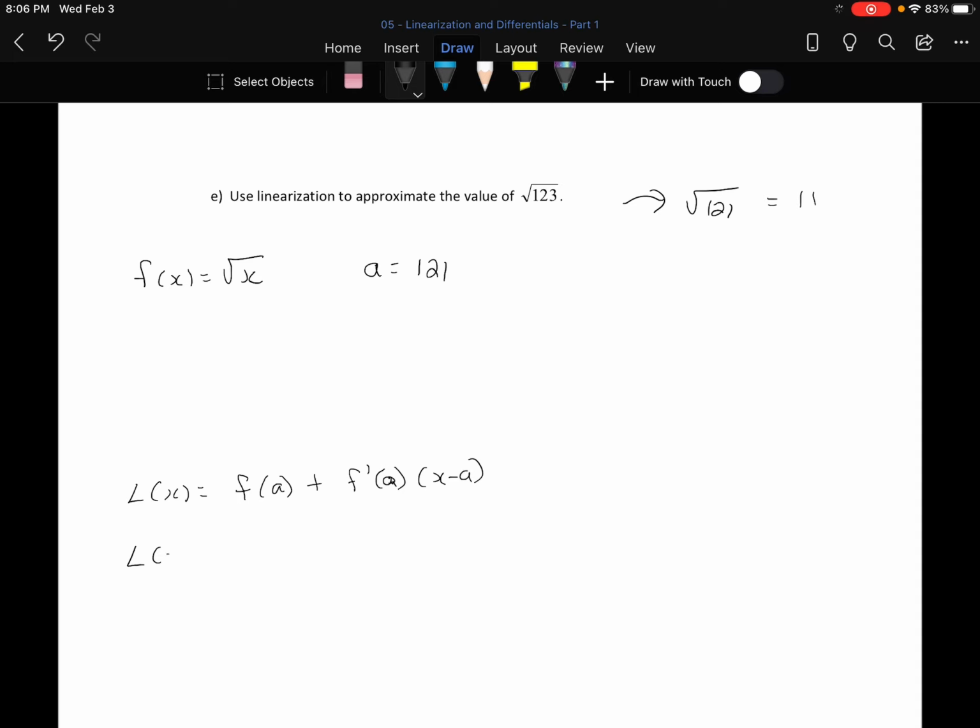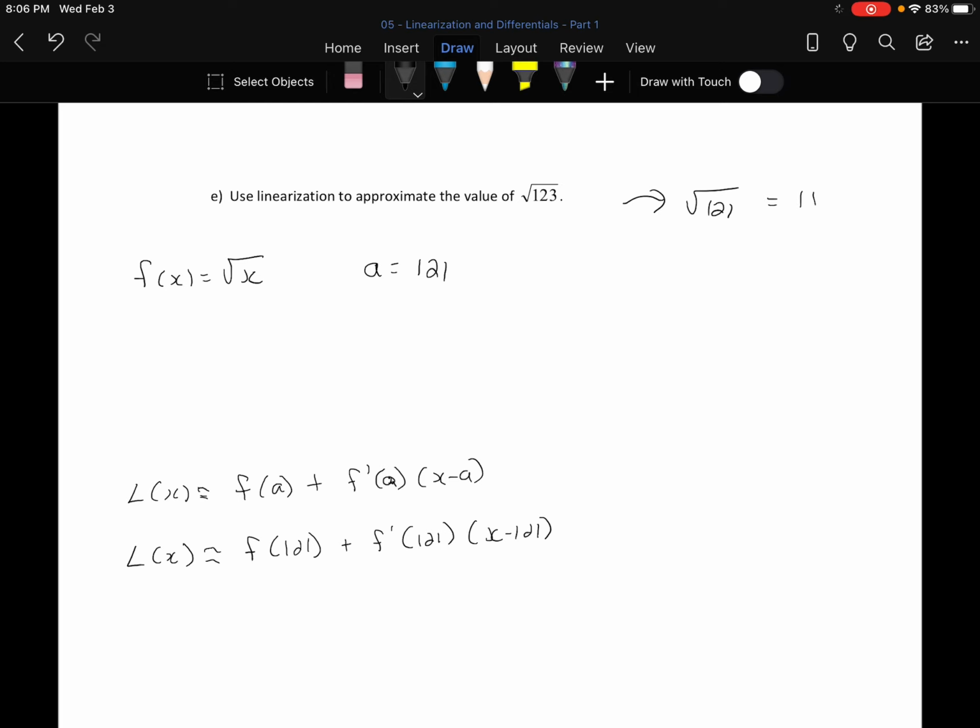So the linearization of x, I'm going to use f(121) plus f'(121) times (x minus 121). This will be the approximation of the square root of something that's close to 121. This will give a nice approximation of that.